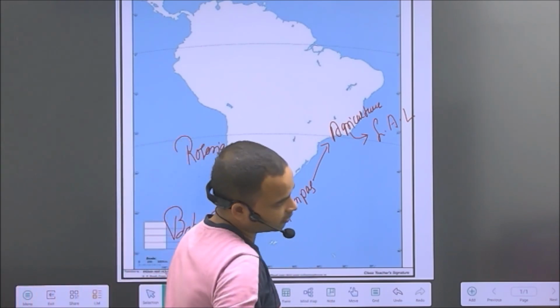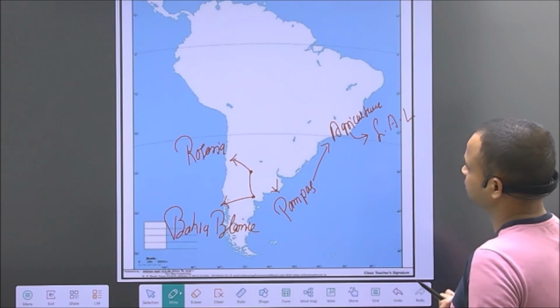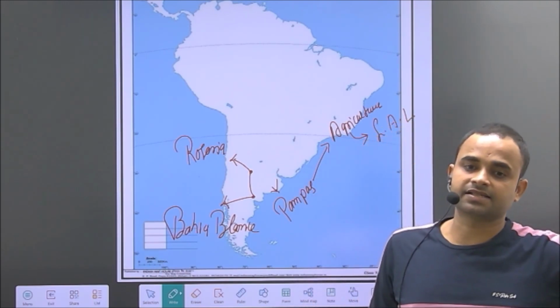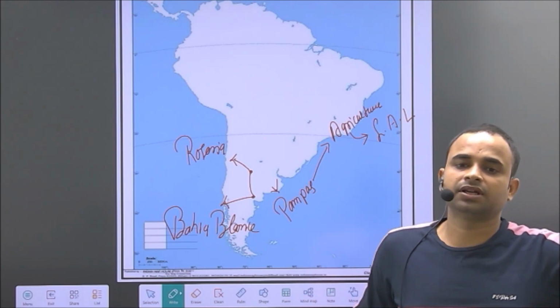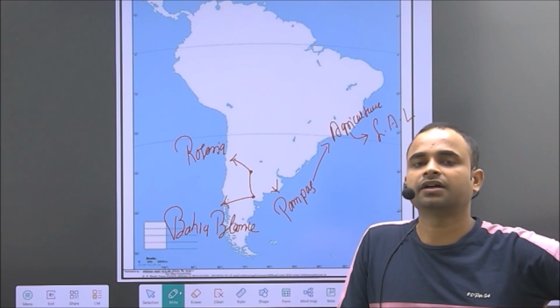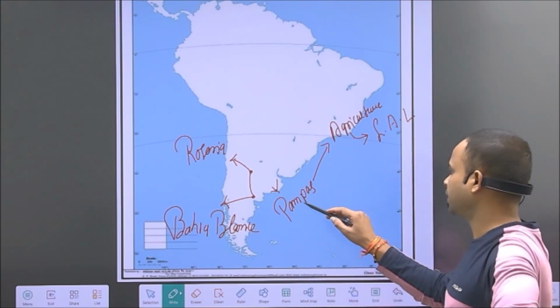Between Bahia Blanca and Rosario, that region is called the wheat crescent, because of the high production of wheat, and agriculture has also been modernized here.